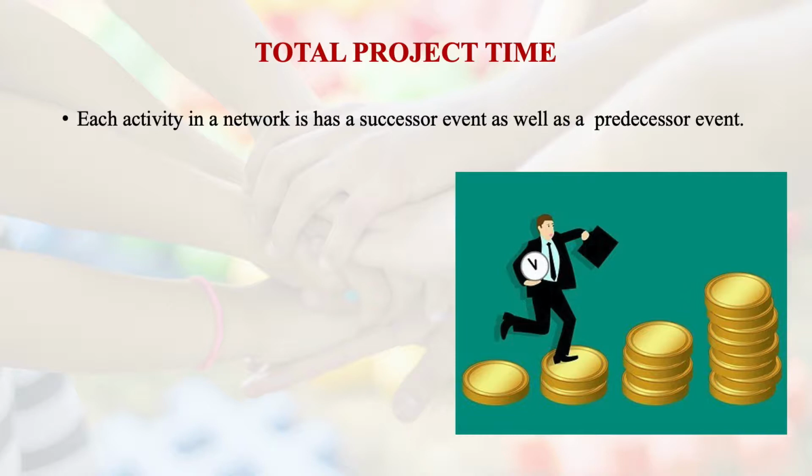The very first point in this context I would like to state is about the total project time. Each activity in a network analysis diagram has a successor event as well as a predecessor event. So an activity, which we show with the start, the tail event, and the head event also, right?